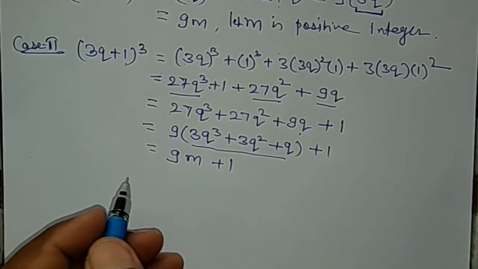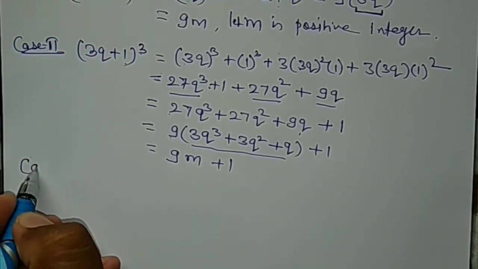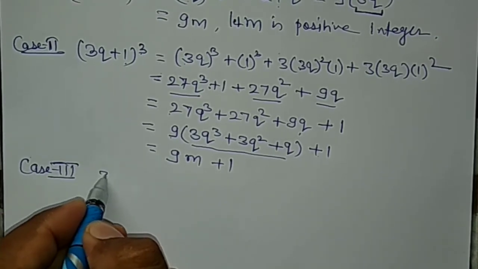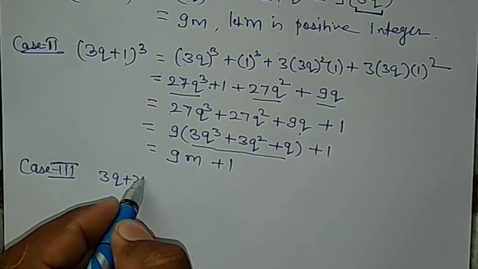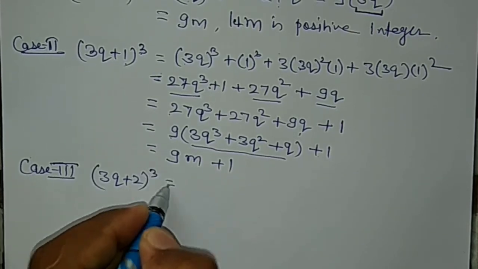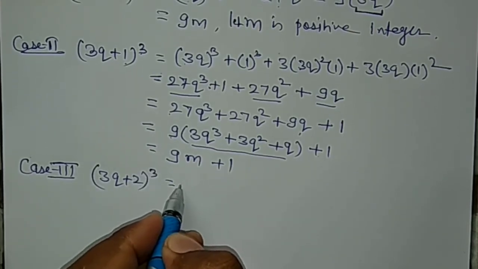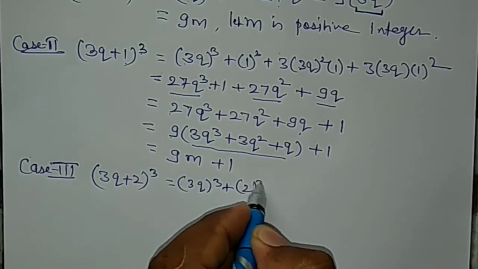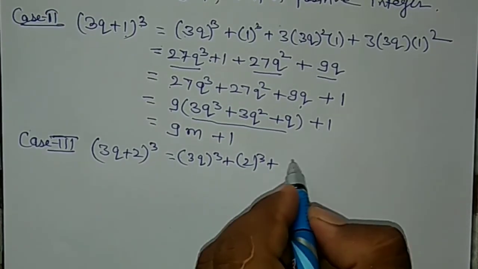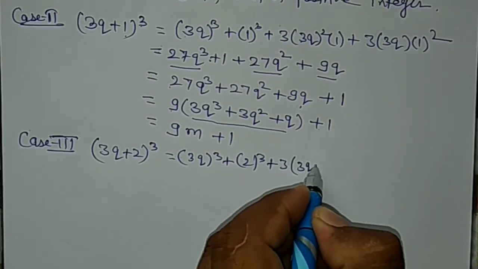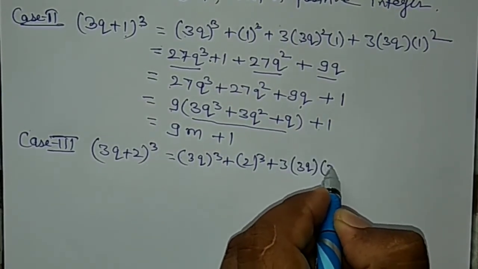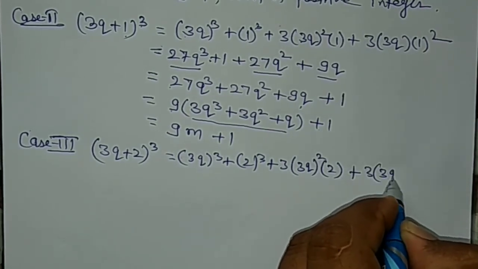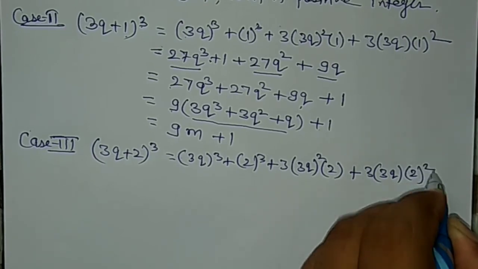Now taking the case third. Case third is what? (3q + 2) cube. Now open it, (a + b) whole cube, that is how much? 3q cube plus 2 cube plus 3ab square, where there is a square here, and so on.